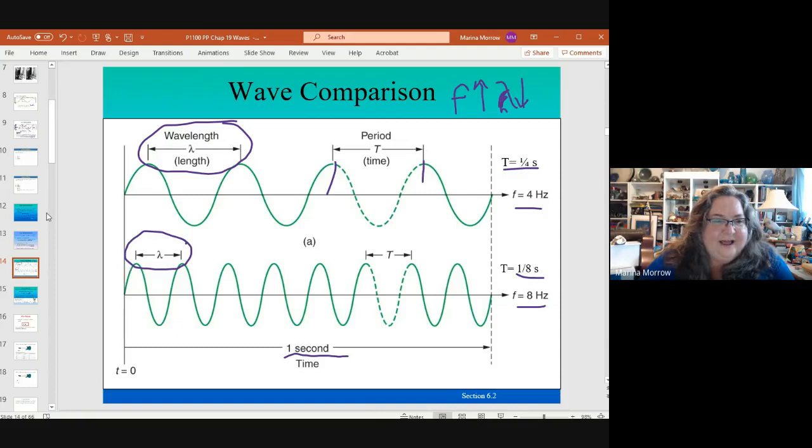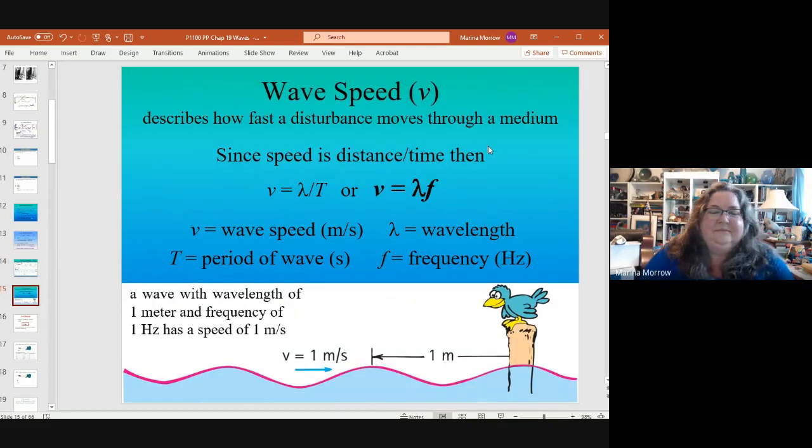Okay, so now wave speed describes how fast the disturbance moves through the medium. And since speed is distance divided by time, remember our old formulas, wavelength is a distance, period is a time. So this formula can be used to find the velocity.